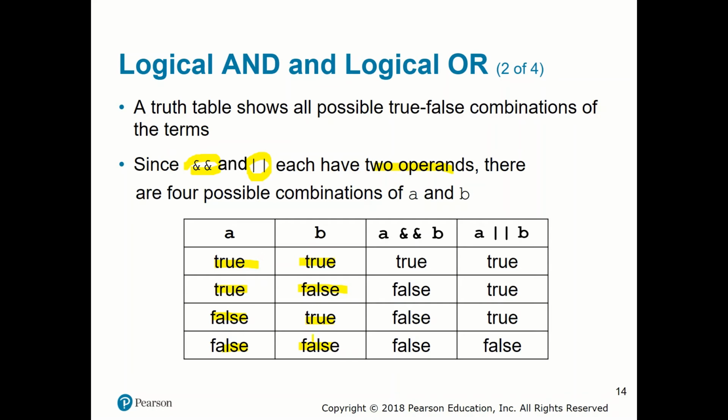A and B is true only if A and B are both true. The other cases are all false.